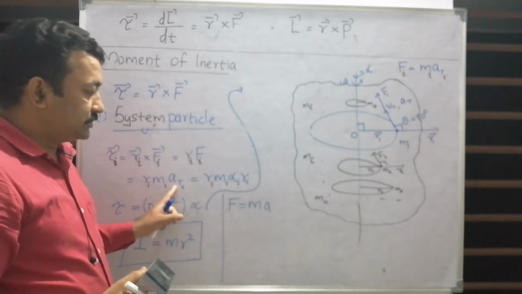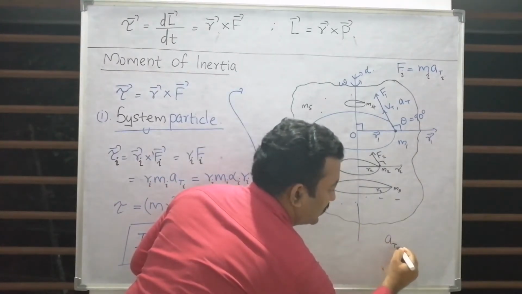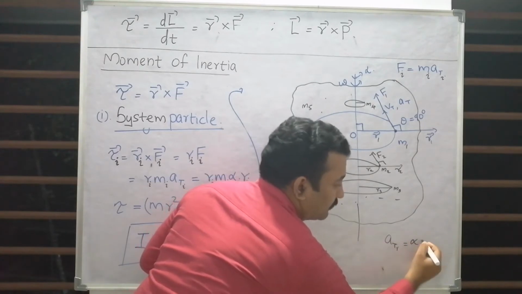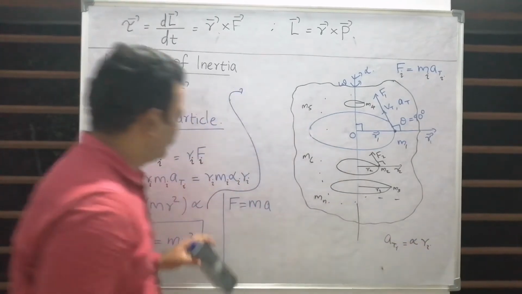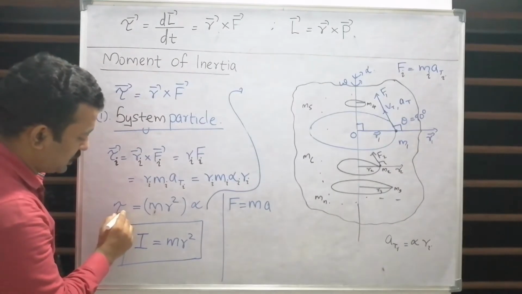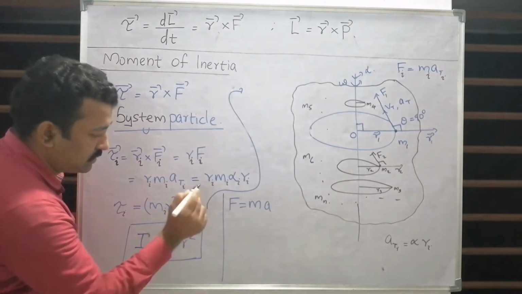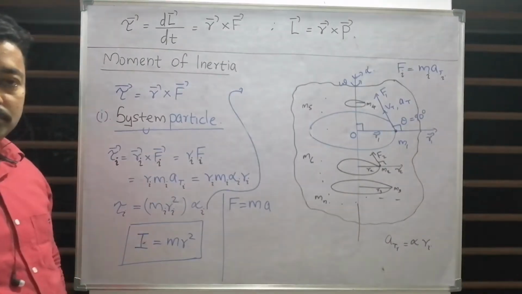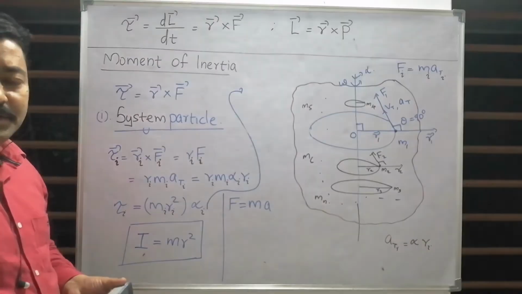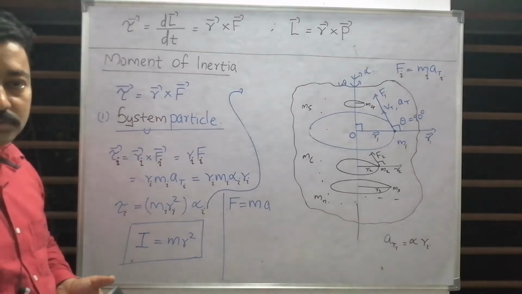The tangential acceleration for any particle, ati, can be written as alpha ri. So I can put tau i as mi ri squared alpha i. What about alpha i, the angular acceleration of the ith particle?